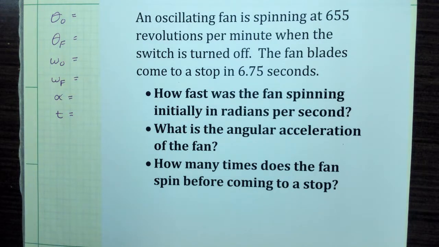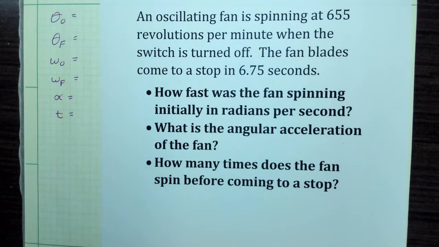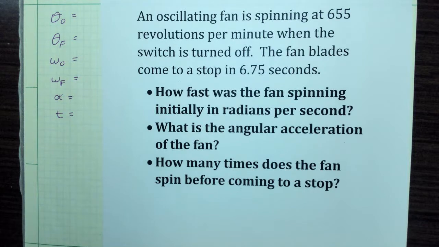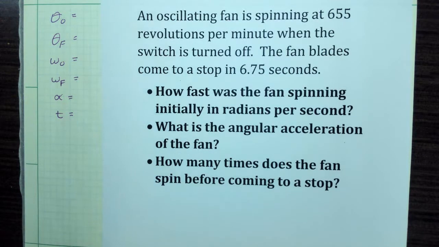The process for solving a problem in the kinematics of a rotating object is very similar to the process that we used in solving problems in linear motion. As with linear motion, there are 6 variables involved in the kinematics problem, and they're similar to their translational versions, just different symbols.